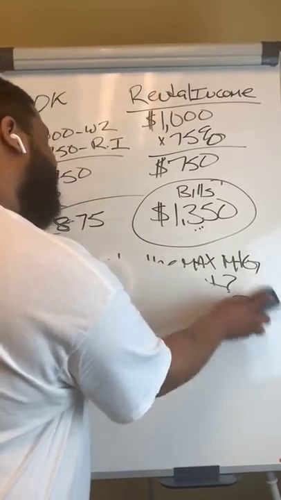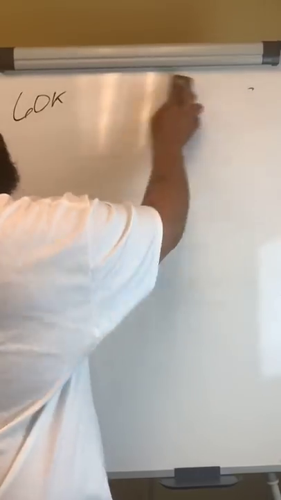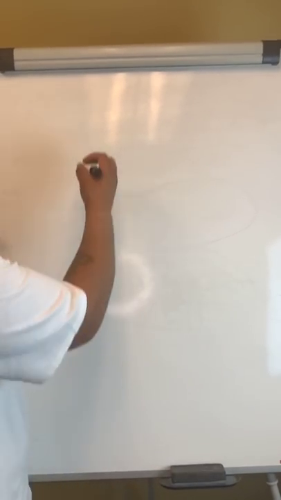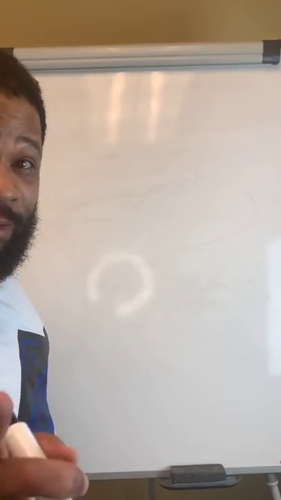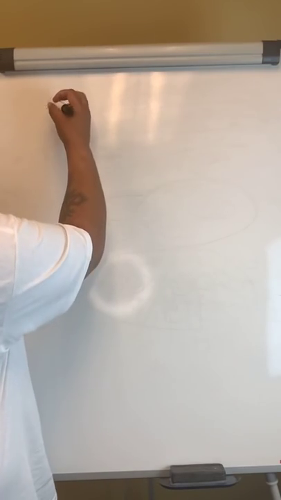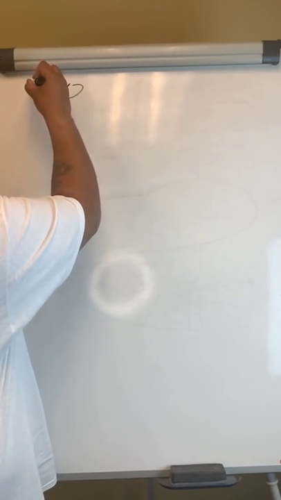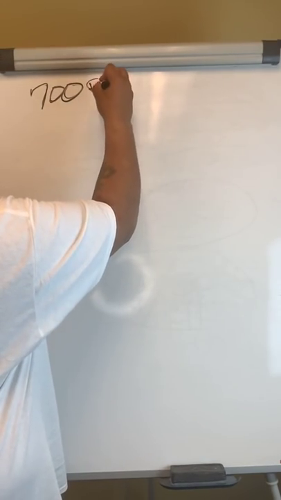So let's do one more lesson. Let's do some realistic numbers, because those were not realistic numbers. These are the type of questions that I get, right? They're like, yo, I got a 700 score, Matt. I got a 700 FICO.